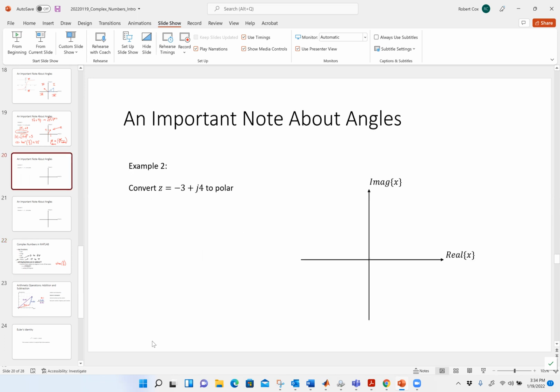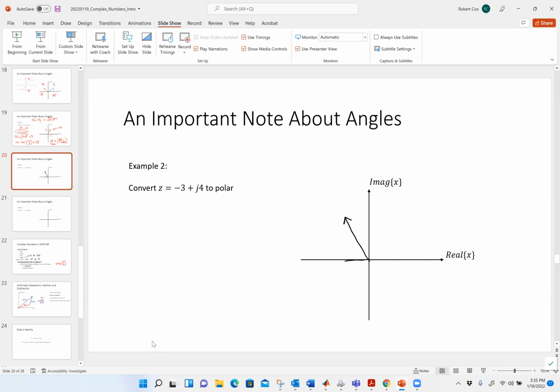What happens if I had something like negative 3 plus j4? How would I draw that guy? That's going to be in the second quadrant. So this guy is going to go over 3 and up 4, like that.